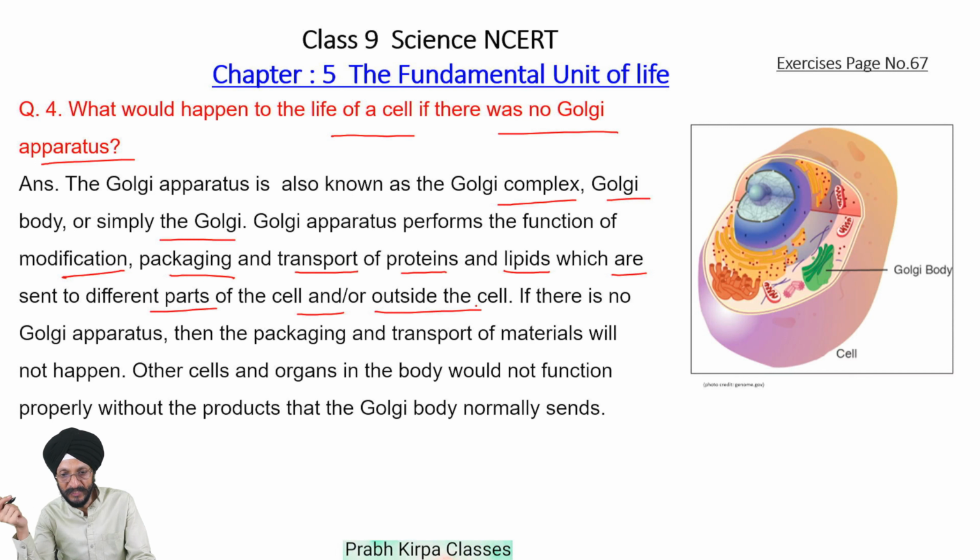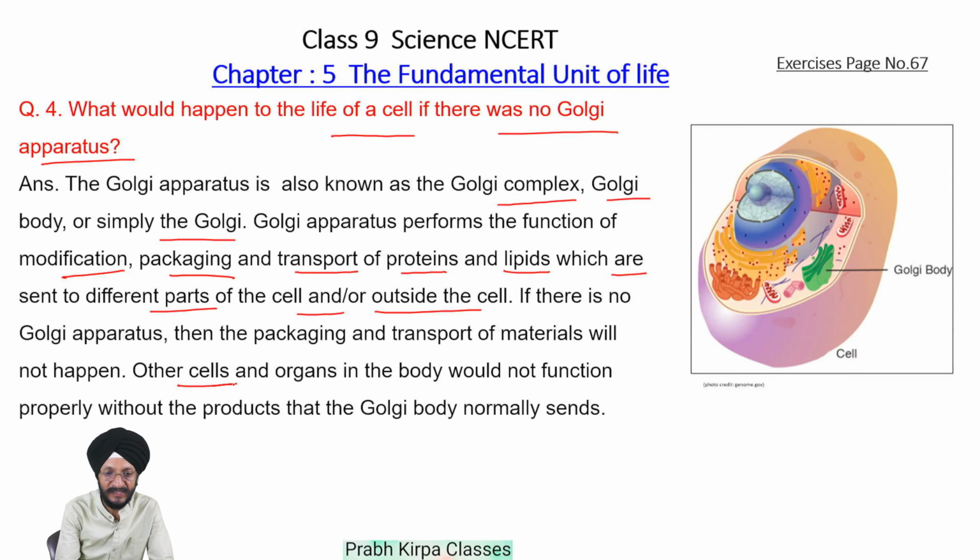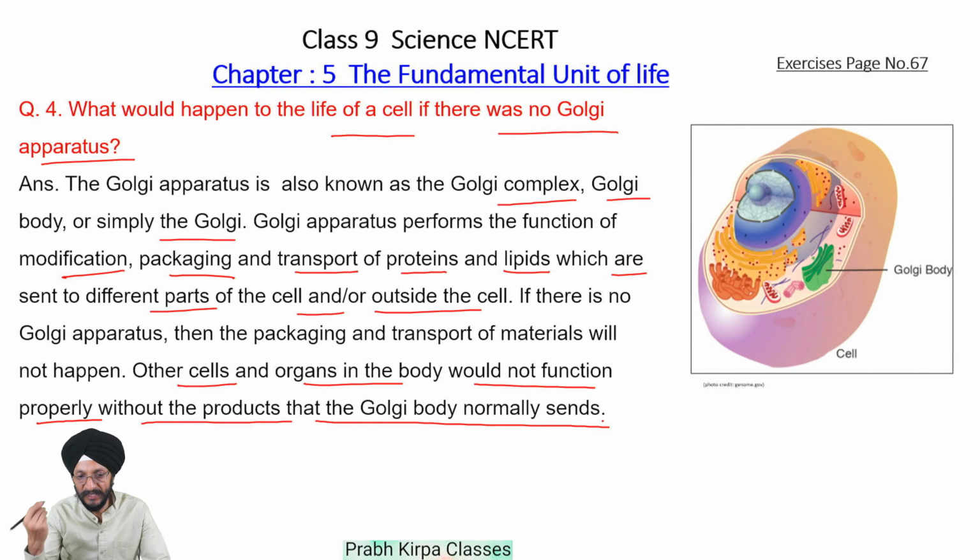If there is no Golgi apparatus, then the packaging and transport of materials will not happen. Other cells and organs in the body would not function properly without the products that the Golgi body normally sends to them.